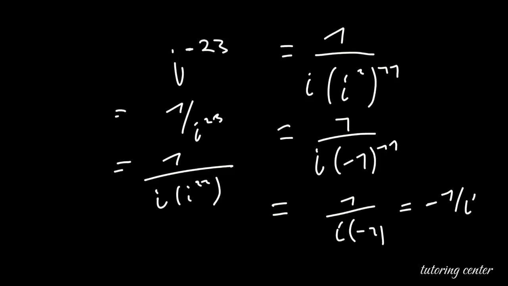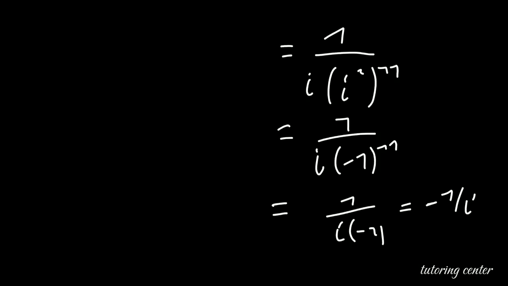Or if you want to write it in a more fancy way to show that you are a mathematician, you get -i to the power -1. So that is the simplification for i to the power -23.